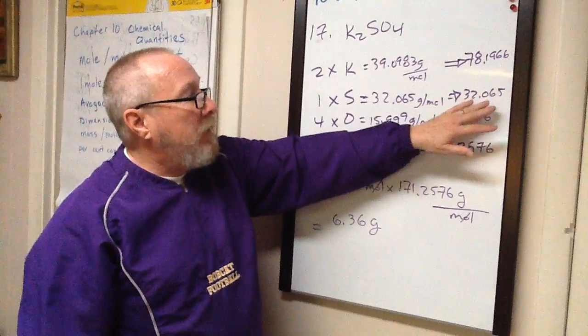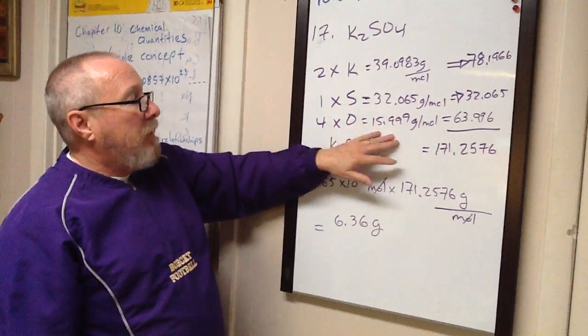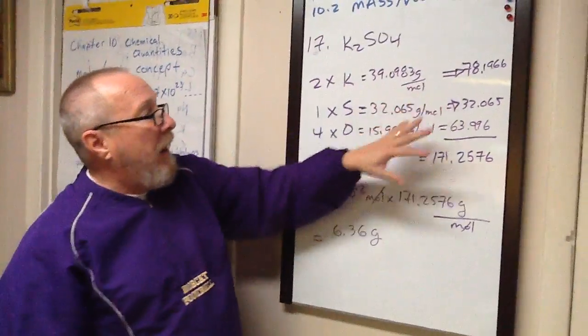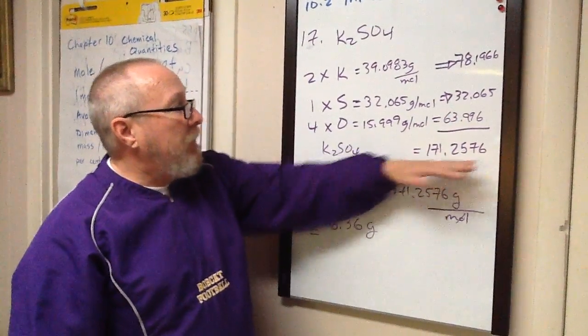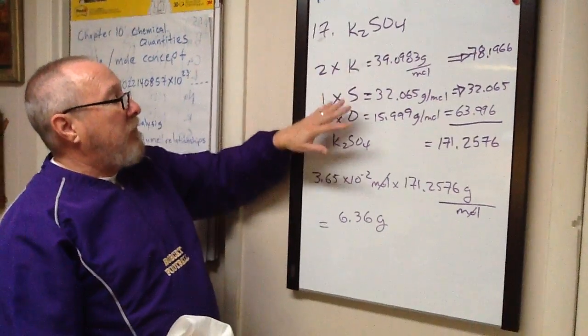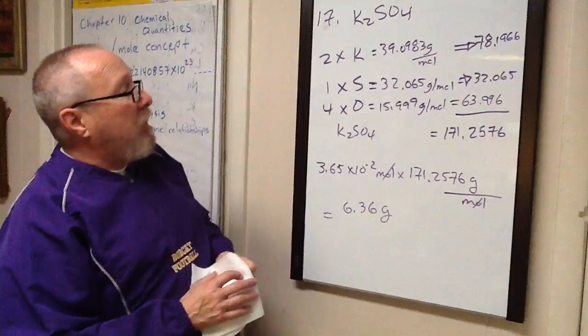So that would require that we go look up in our periodic tables the average atomic masses for the different elements and sum them, because we had 2 potassiums, 1 sulfur, and 4 oxygens. So that was the only trick to this question.